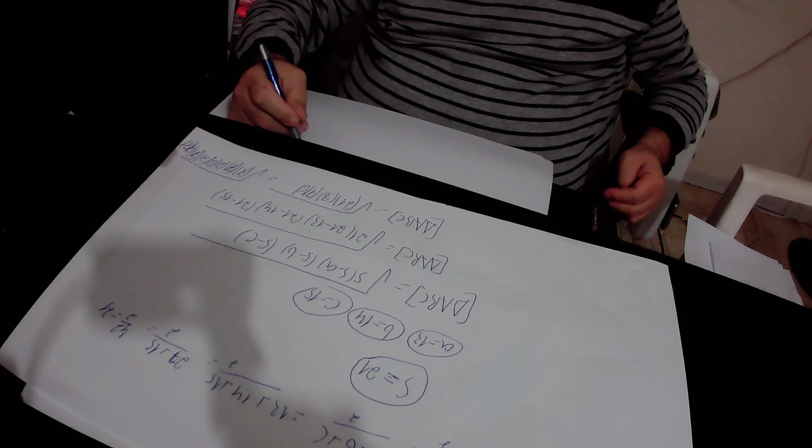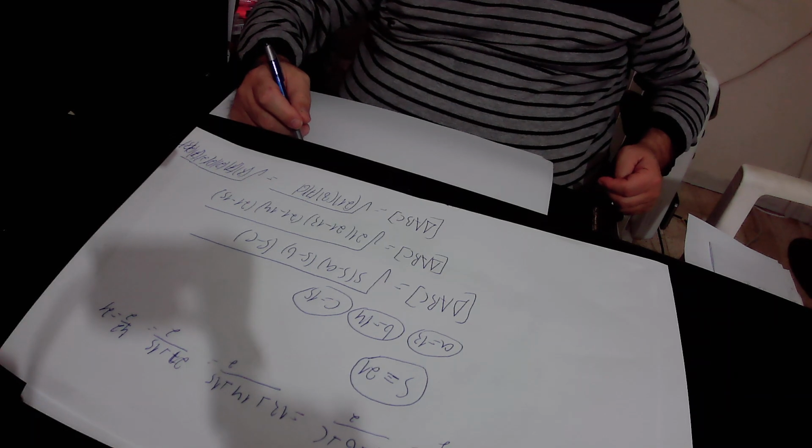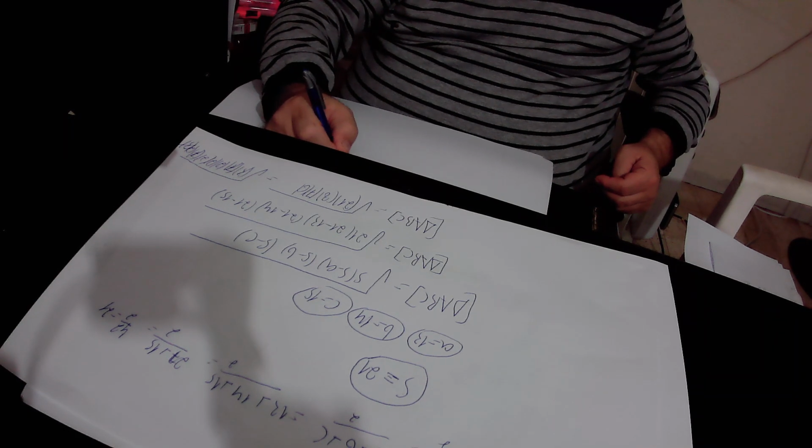We have 2 four times, and again times the square root of 2 times 2.